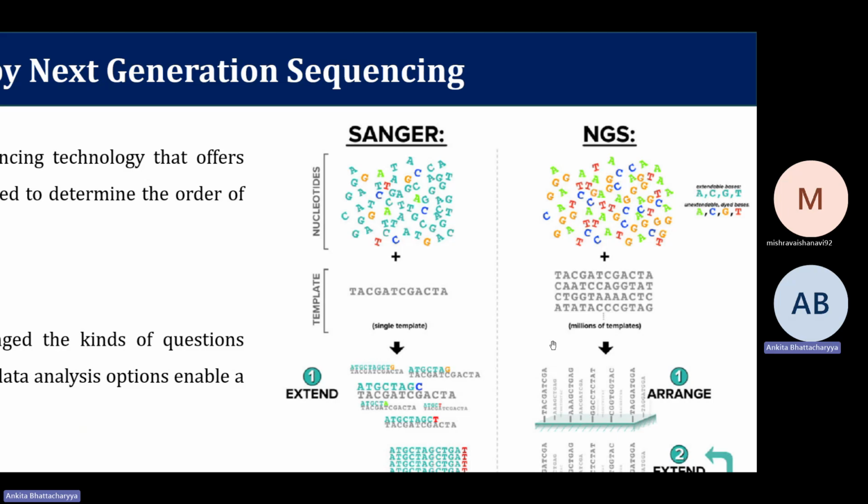For NGS, this first step is the main difference between both the techniques. Millions of templates are present for NGS studies. How do we get them? To ascertain that, because that actually is what defines the word high throughput.